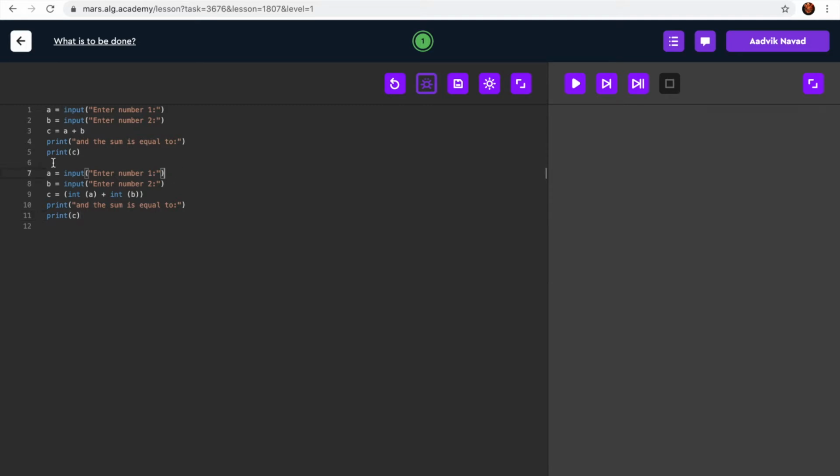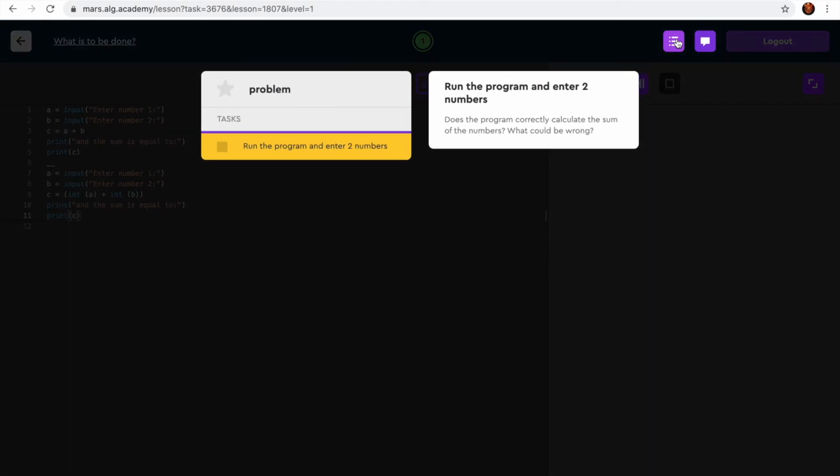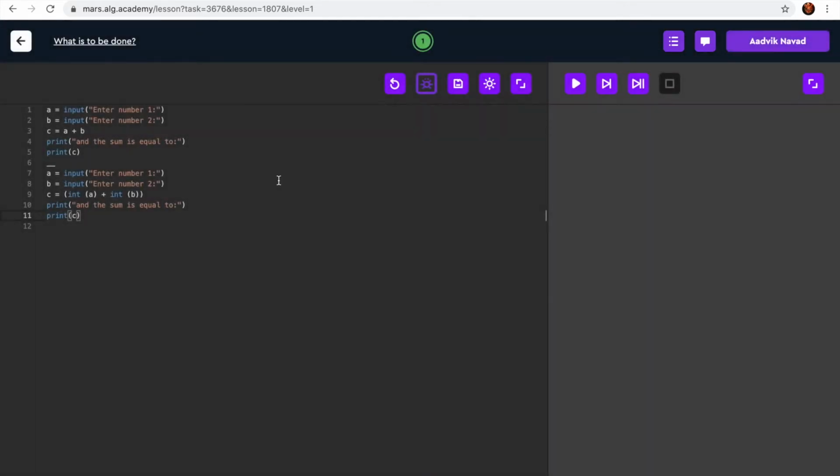As you can see, I have two pieces of code right here. They look the same, but I will talk you through the differences this time. Mars Academy provided the first one, which says run the program and enter two numbers. The second one is the code I wrote, and it's super short, but it's still code.